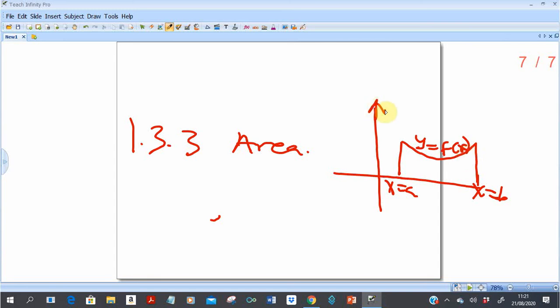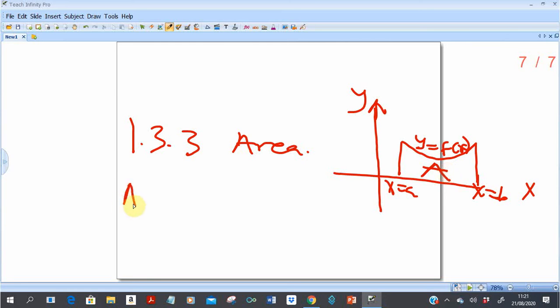Of course, this is the y, and that is the x. Given that this is our region A, how can we find the area of that region? Of course, we let the function f of x be y.